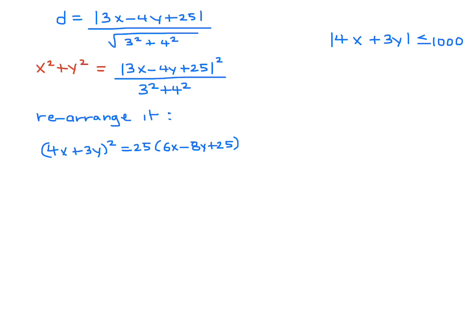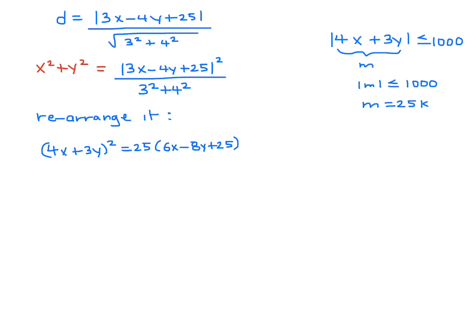In order to make this a little more digestible, this part here I'm just going to call m for now. So this boils down to just the absolute value of m is less than 1,000. And since we've got a bunch of 25s in here, I am going to write m is equal to 25k, and that will help me simplify things a little bit better. And then substitute that into this guy right here.